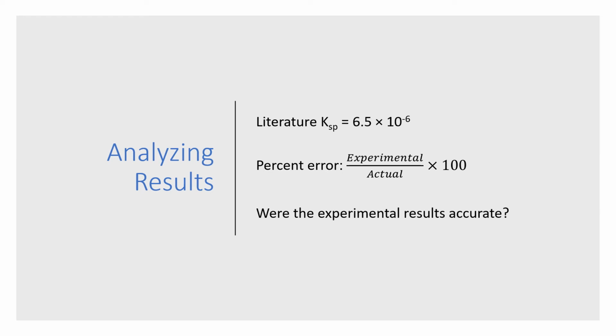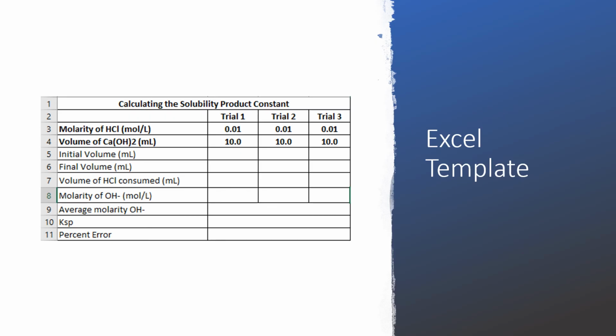Once you've completely calculated it and you figure out what your experimental error is, normally anything within 5% is considered very good for experimental error, so keep that in mind. You will find an Excel template on Moodle, this one right here, which you will need to fill out with your values. You will also need to attach your calculations. The Excel sheet itself is not sufficient. You will be graded on whether you can show that you were able to do the calculations as well.